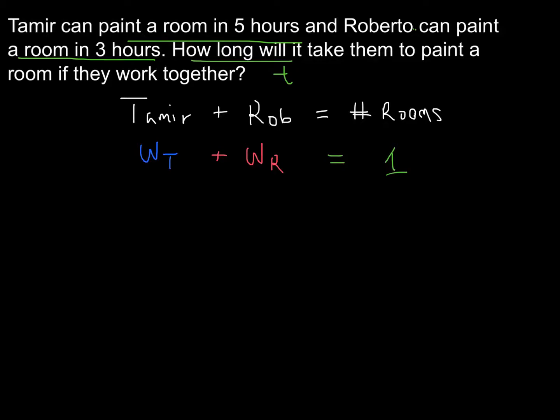Okay, and this is just like we saw with time, right? The time of a trip on the way there plus the time on the way back equals the total amount of time. So here, the work that Tamir does plus the work that Roberto does has got to equal the total amount of work done.